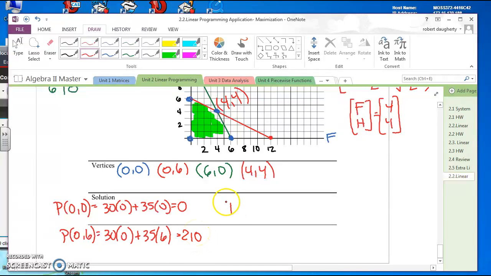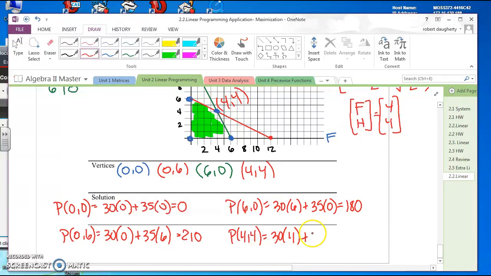Let's move on to the next one. The profit at 6, 0 is going to be 30 times 6 plus 35 times 0. That's 180. And the profit at 4, 4 is going to be 30 times 4 plus 35 times 4. So that's 120 plus 140, which is 260.